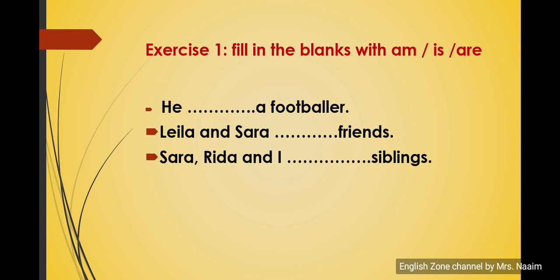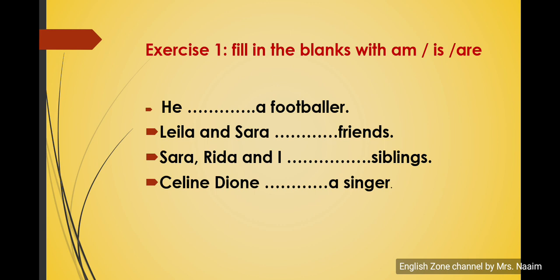So we say Sarah, Rida, and I are siblings. يجب ألا تخطئوا في هذه الحالة لأن ربما البعض منكم سيقول بأنني رأيت هنا I إذن علي أن أقوم بوضع am. لكن لا، ليس لدينا I فقط، ليس لدينا أنا فقط، لدينا أنا مع مجموعة من الأشخاص ألا وهم سارة ورضا. فحينما يكون سارة مثلا رضا وأنا سنصبح نحن، ومع نحن ألا وهي we باللغة الإنجليزية نستعمل are. Okay, سارة رضا and I are siblings. أنا ورضا وسارة إخوة. Okay.